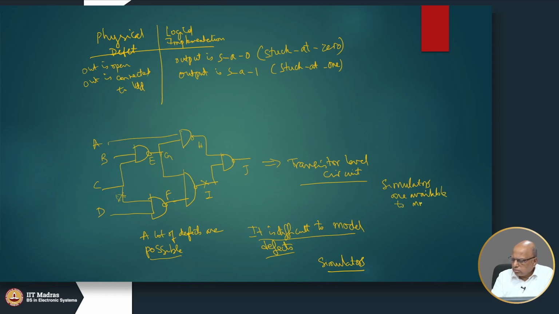To model defects in transistors. So, examples are open wires, open transistors, shorted wires, etc. Okay. These are simulators like SPICE.